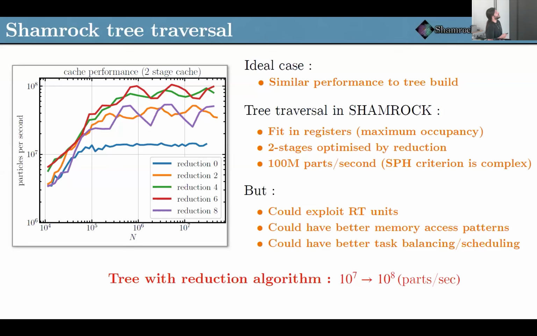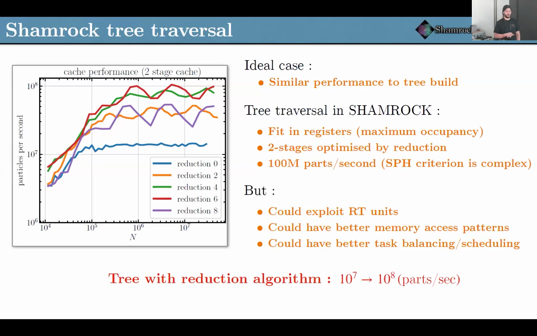Anyway, for the tree traversal part, it's the two-stage search I spoke about. First off, if we don't use any reduction, only the removal of duplicate codes, we get about 10 million particles per second for the neighbor search.